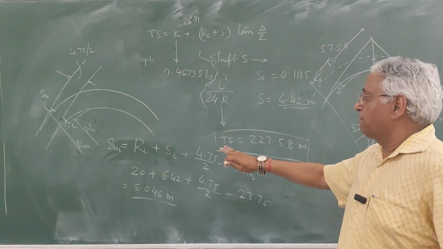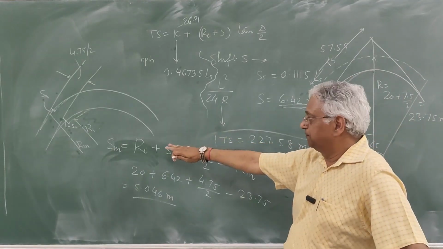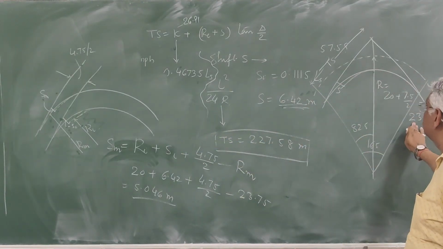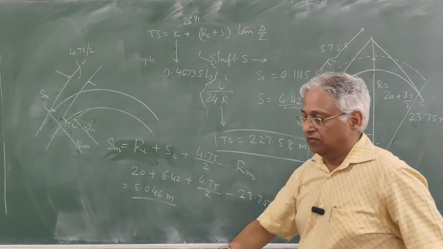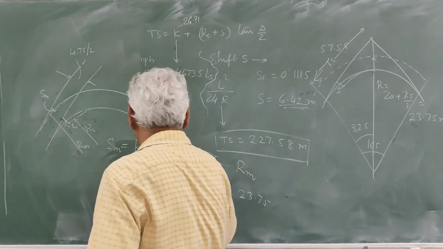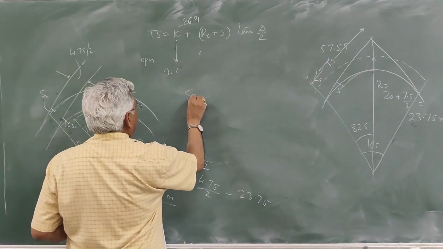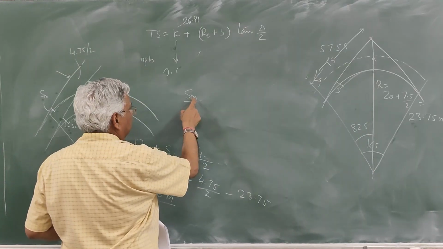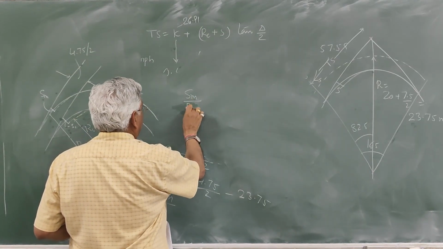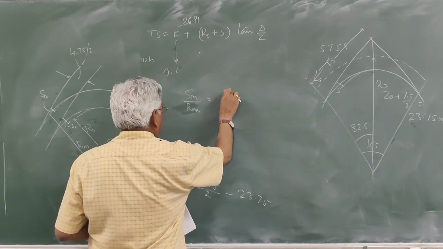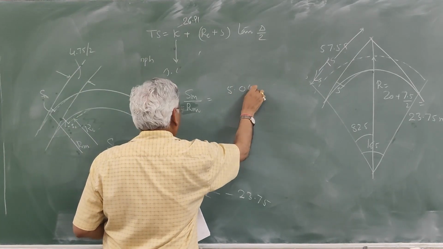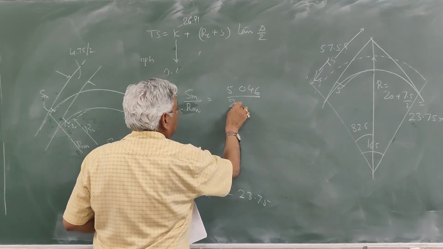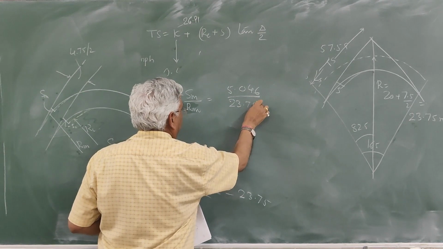Now you know S, that is shift, and you know the radius. So you can find out what is S by R. SM, I am putting M for middle curve, and RM is now 5.046 divided by 23.75.